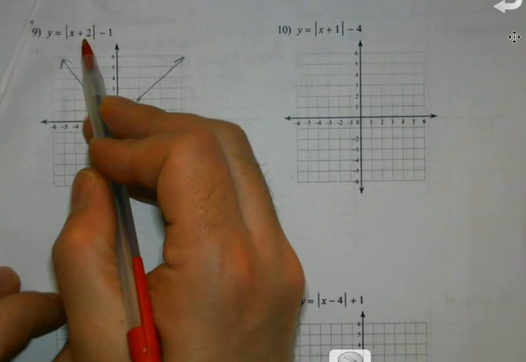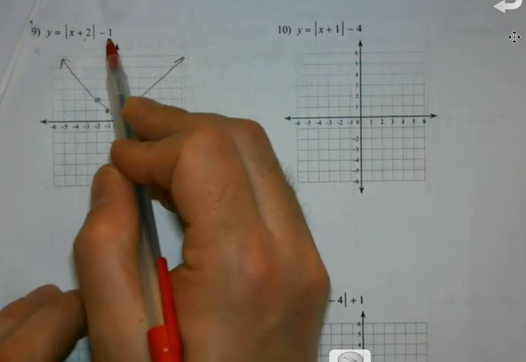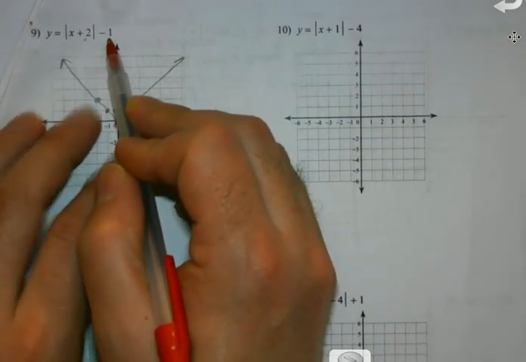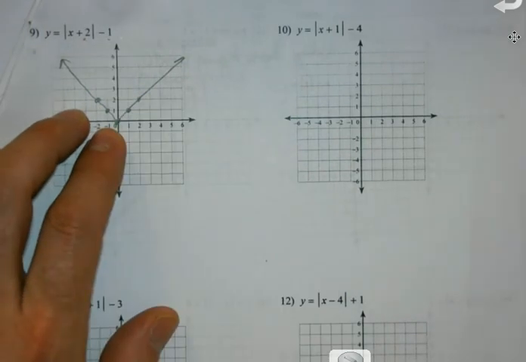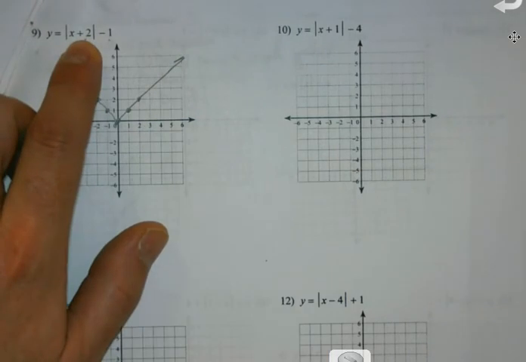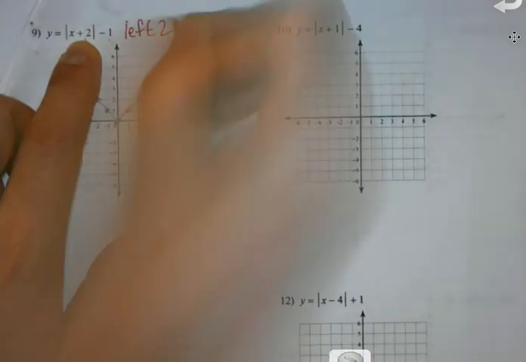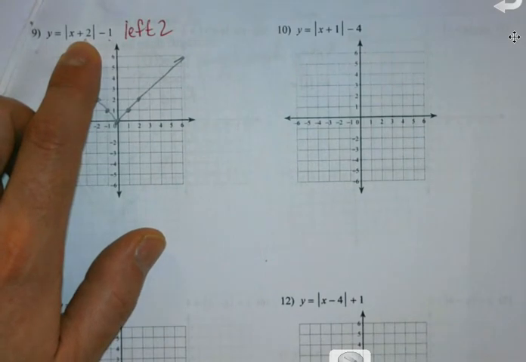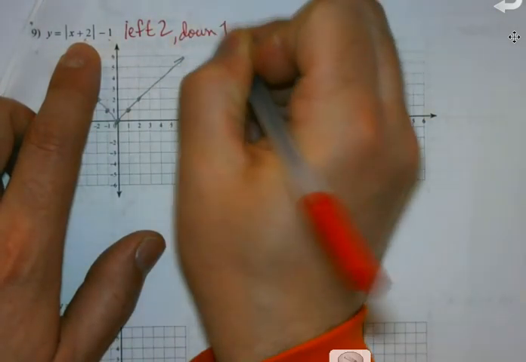What is this plus 2 in my absolute value and the minus 1 outside? Where are my shifts going to be? It's okay to look at your notes. Okay, left 2, because inside's my left or right. Again, use the note sheet if you need to. And down 1.